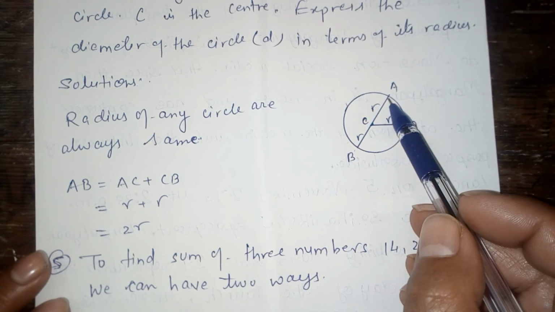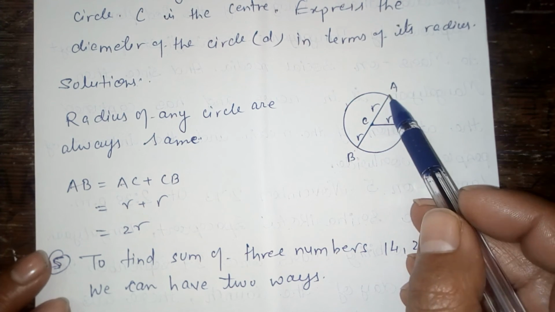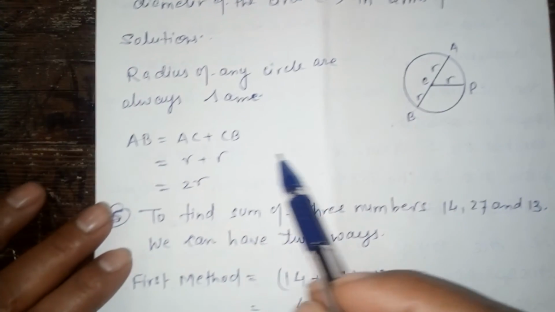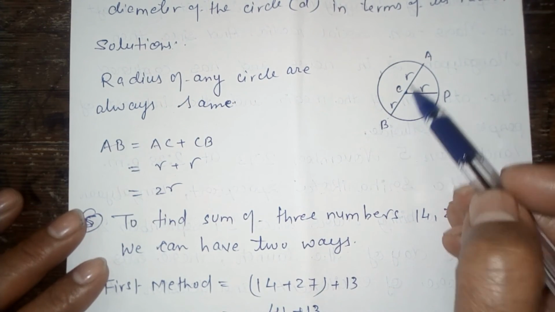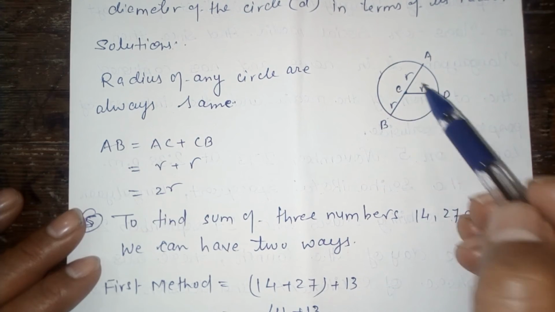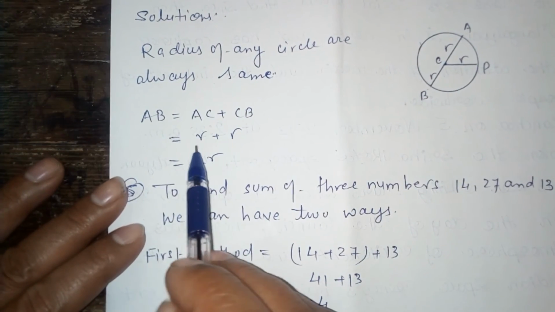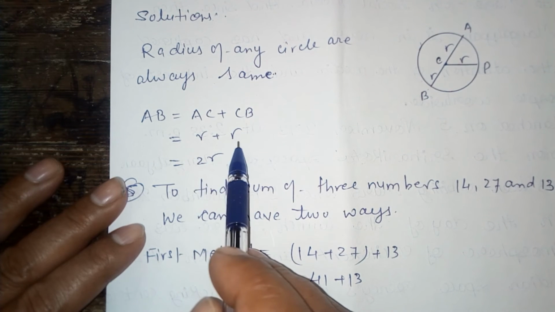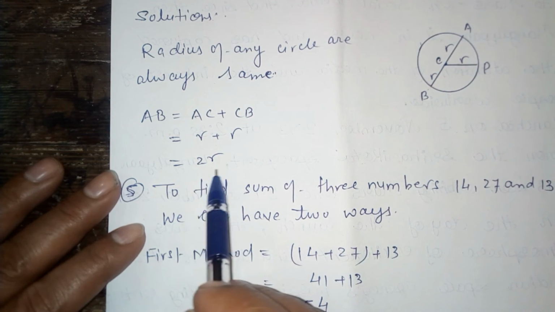Okay. So in this question, diameter AB is equal to AC plus CB. AC is a radius, CB is a radius. So R plus R gives you 2R.